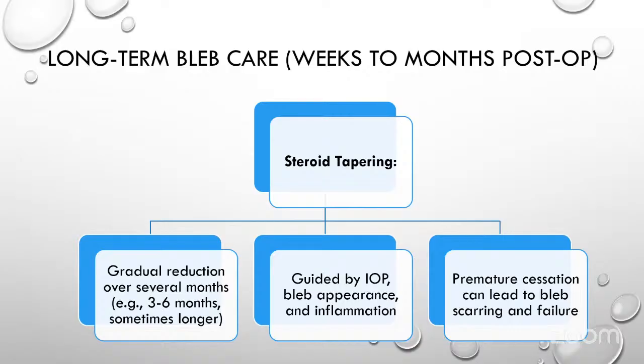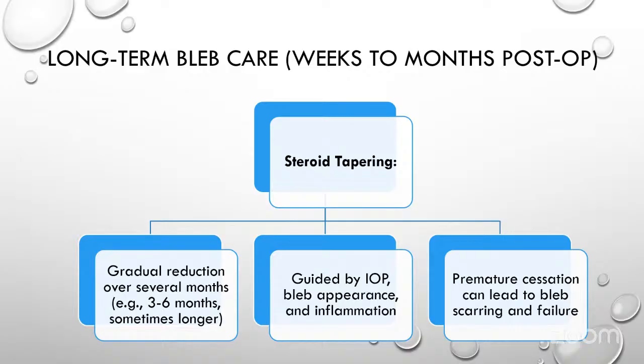That bleb in 6 months maximum should fail, or 1 year, unless we are dealing with a very rare occasion where we have very thin conjunctiva and a patient that scars very minimally. Because of our high keloid formation and fibrotic tendency, we tend to keep our patients on steroid for a longer period of time.